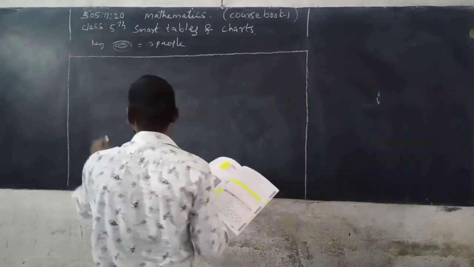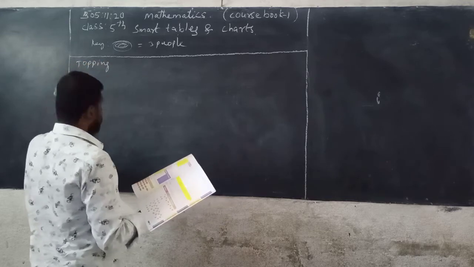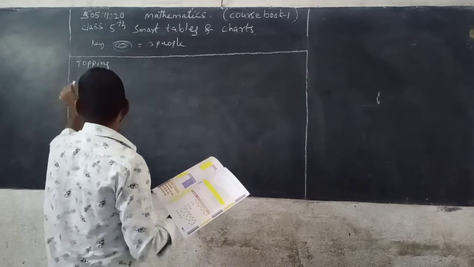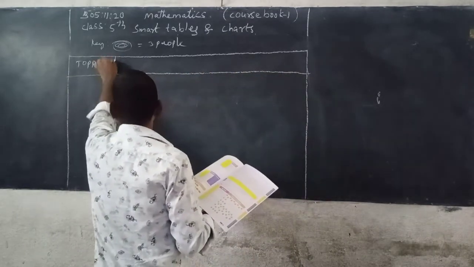Here topping means varieties of pizza. See here. Next, tally marks you already know.